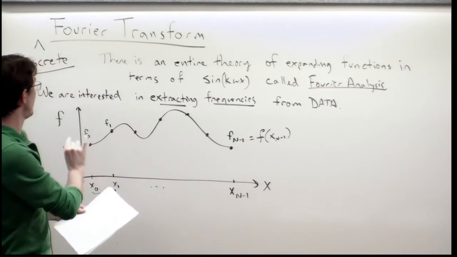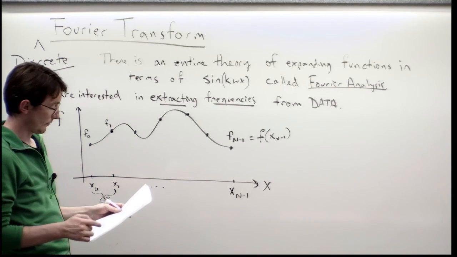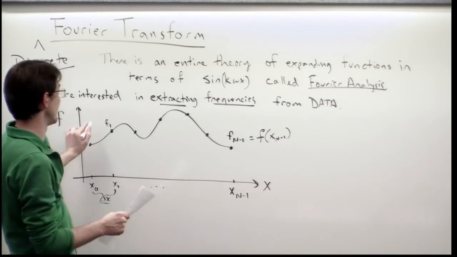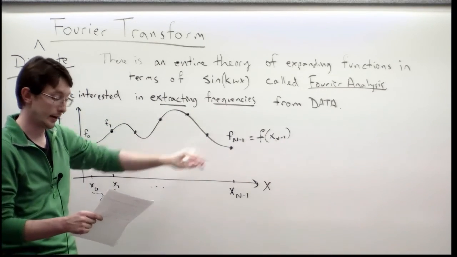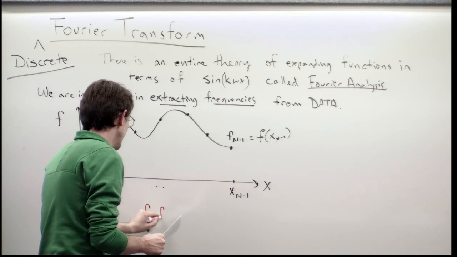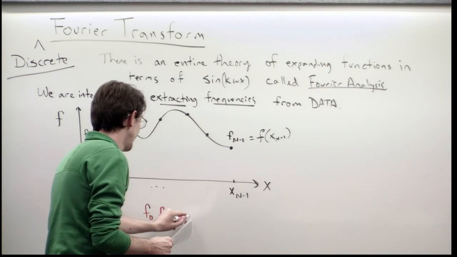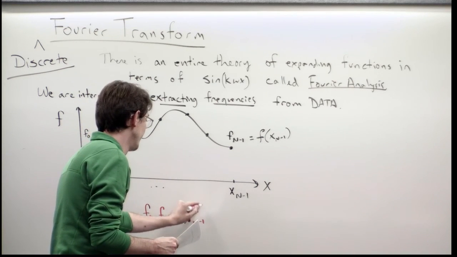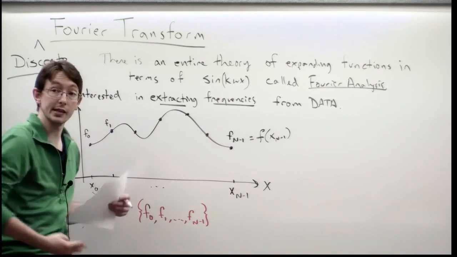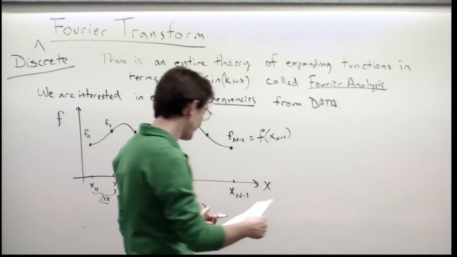So the whole goal here is to take my set of numbers f0, f1, dot, dot, dot, fn minus 1. It's just a bunch of numbers that I've collected from an experiment.